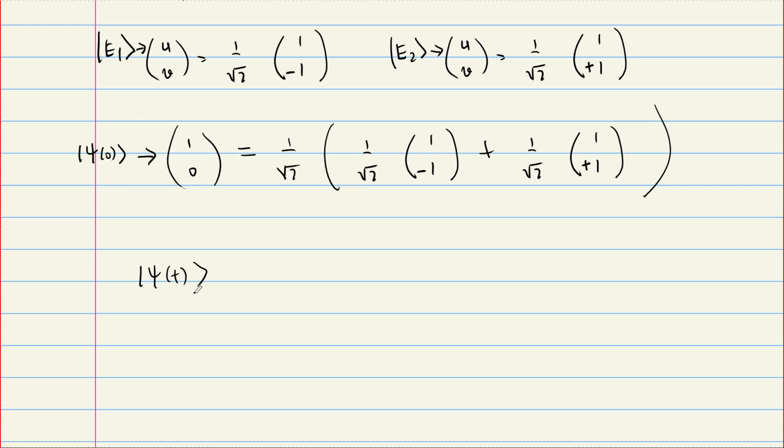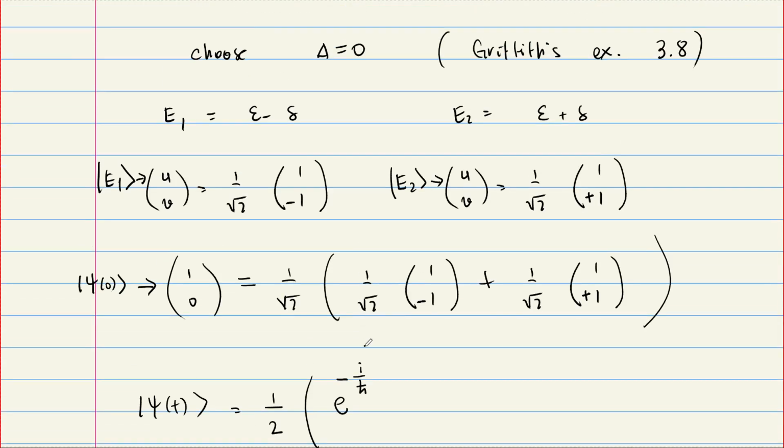And that's the last piece. Once we write this, we are done. And once you have it, you can use it to calculate observables and stuff like that. So this is going to be 1 over, I'll combine these root 2's to 2 here. E to the minus I over h bar, what is the energy?